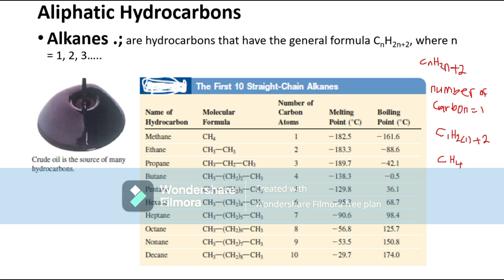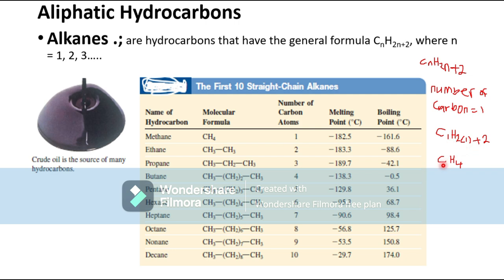The number of carbon present in methane is 1. So substituting 1 in the position of n present in the formula gives us C1H2(1)+2.